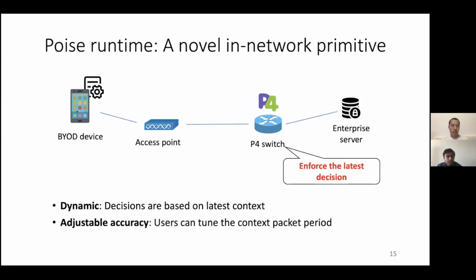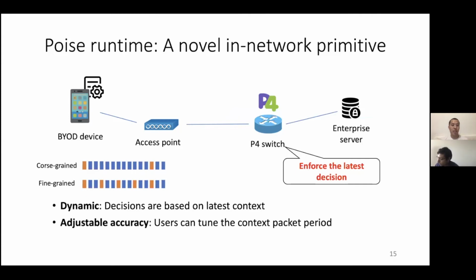Another property is that we can adjust the accuracy and also the overhead by tuning the context packet period. For instance, we can make it coarse-grained, which means we can send the context packet every second. Or if you want to make it more secure, you can send context packets more frequently, but it will cost more overhead.